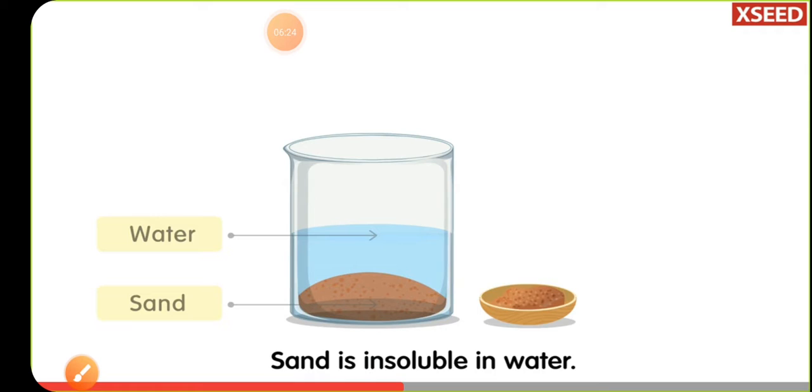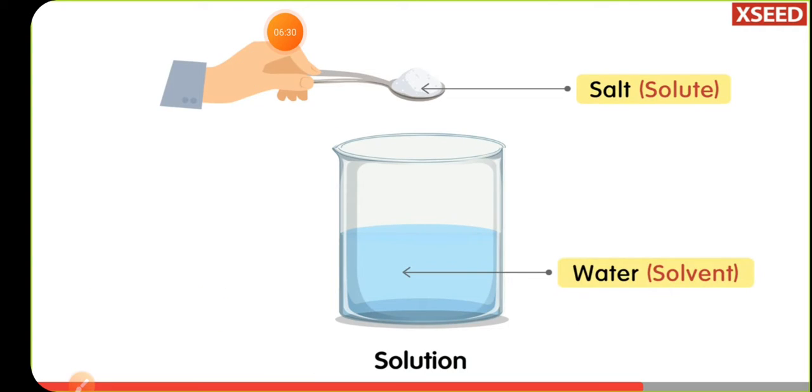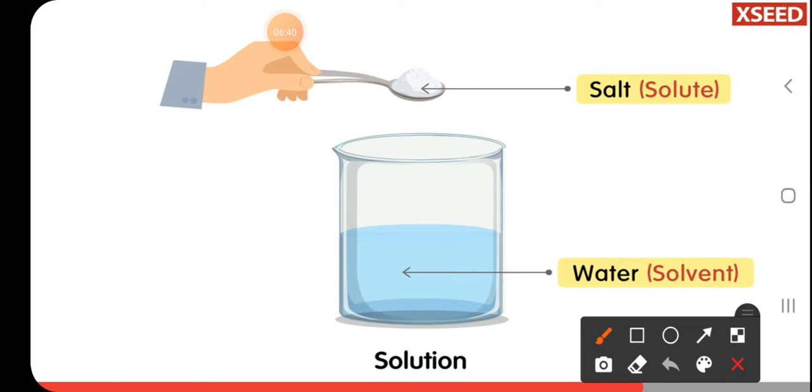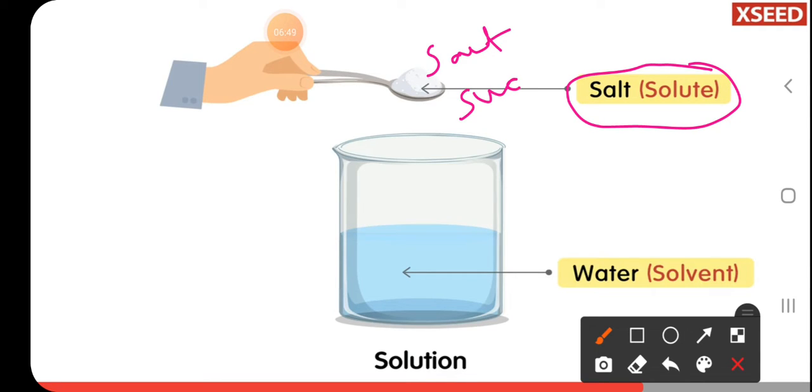Now you should have an idea of what a solute is and what a solvent is. The substances which have the capacity to dissolve are called solutes, like salt, sugar, or, when you are preparing lemonade, lemon juice.